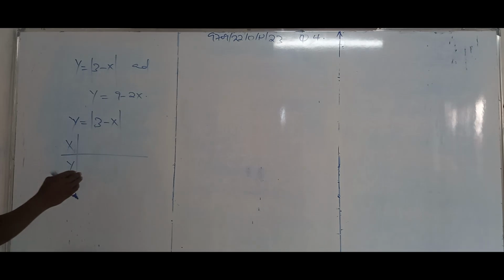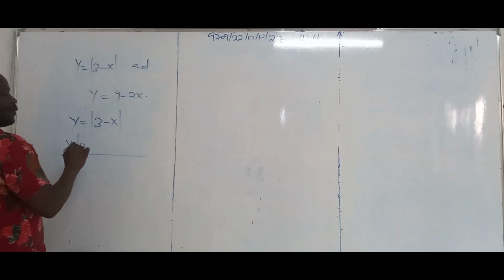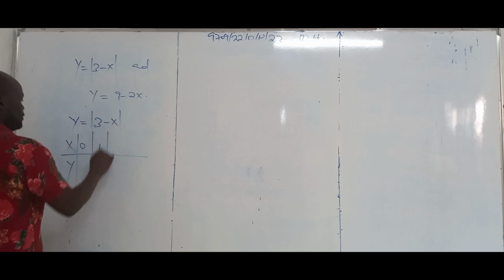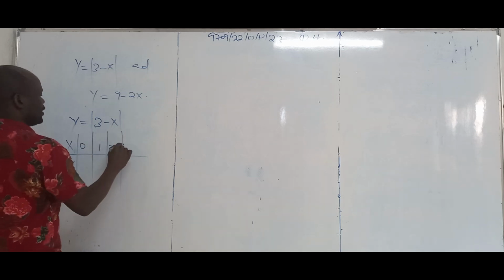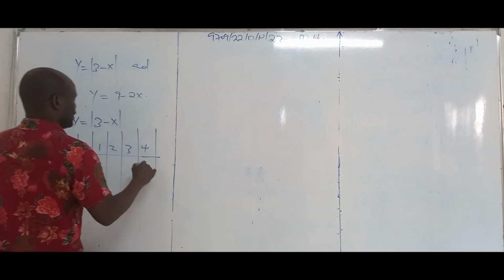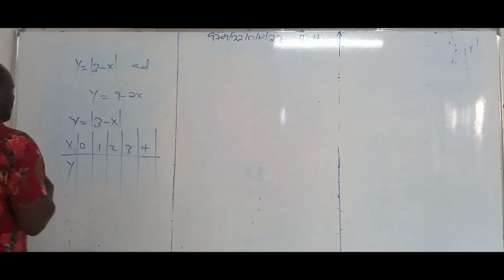But because we are considering modulus, I want to start with x is 0, x is 1, x is 2, x is 3, x is 4. That should already give me the shape of the first graph.